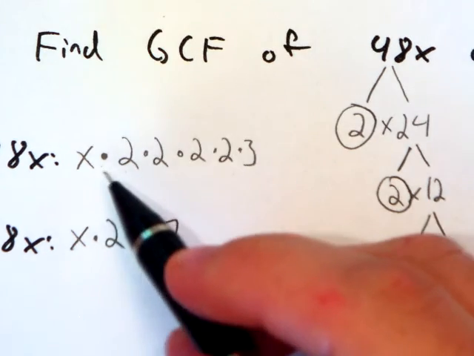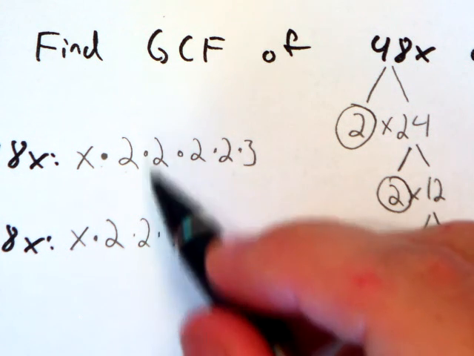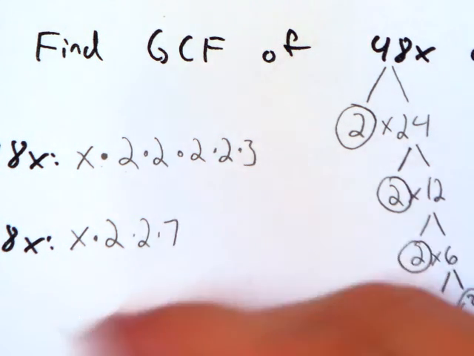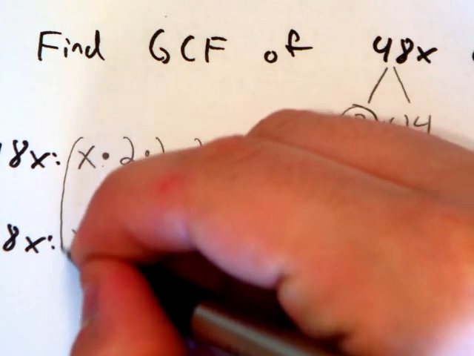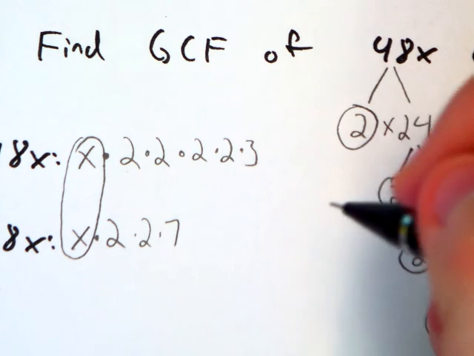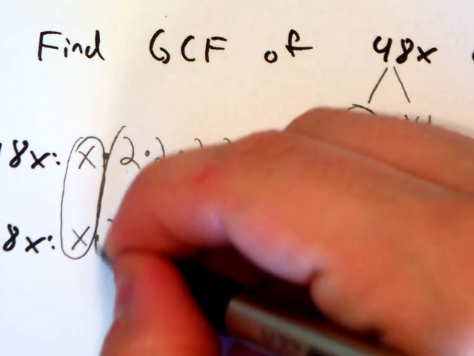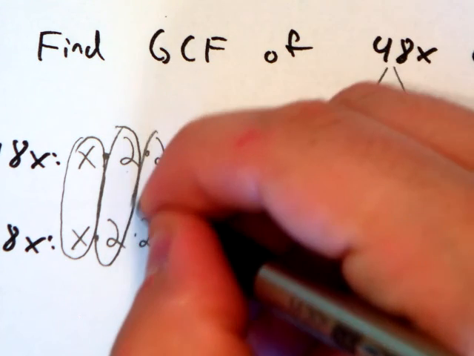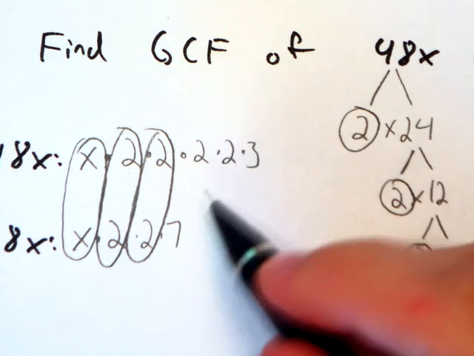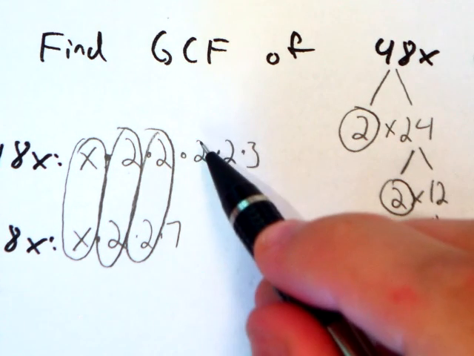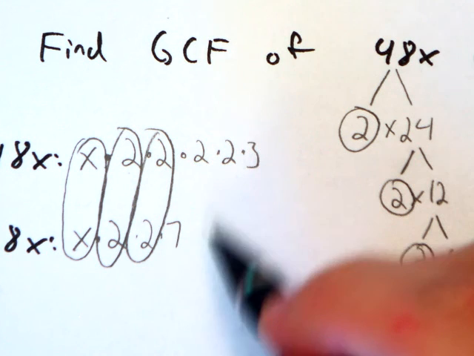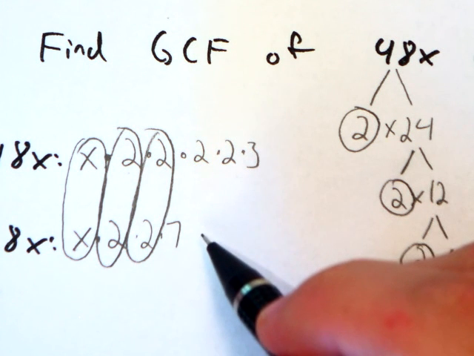Now, to find the greatest common factor between them, what we do is we look for pairs. Both of them have an x. Both of them have a 2, both of them have a second 2, and that's it. There isn't a 7 up here, there aren't any more 2s, or there isn't a 3 down here.